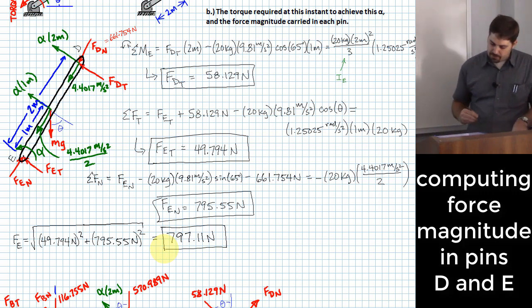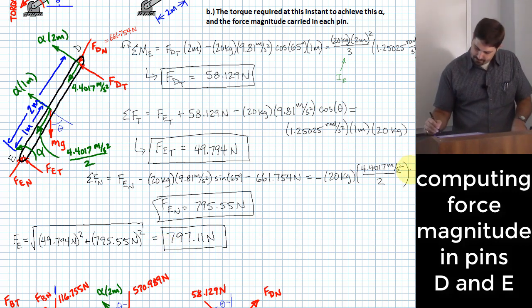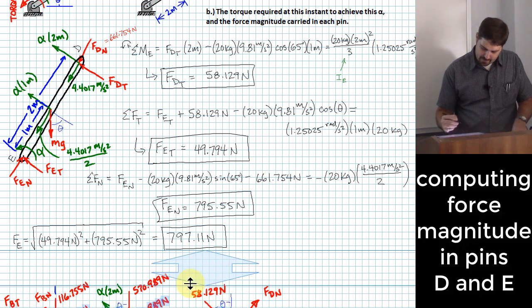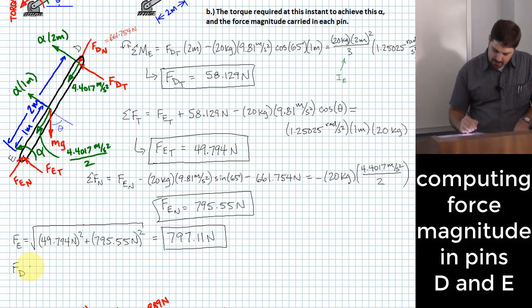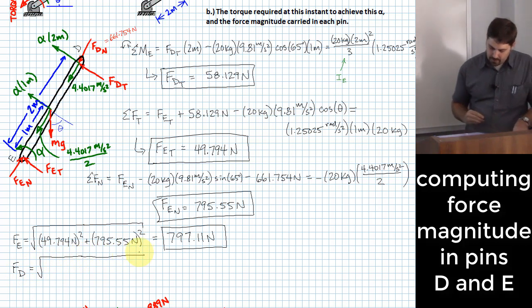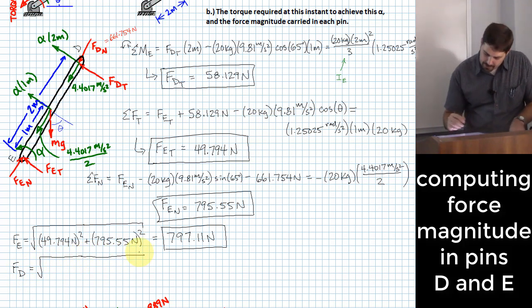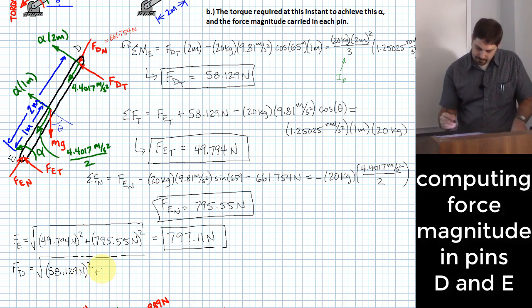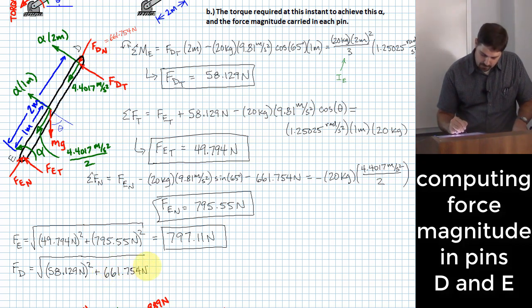Can I do that same thing for D? Why, sure. FD is just going to be equal to the square root of 58.129 newtons squared plus FDN was 661.754 newtons squared.